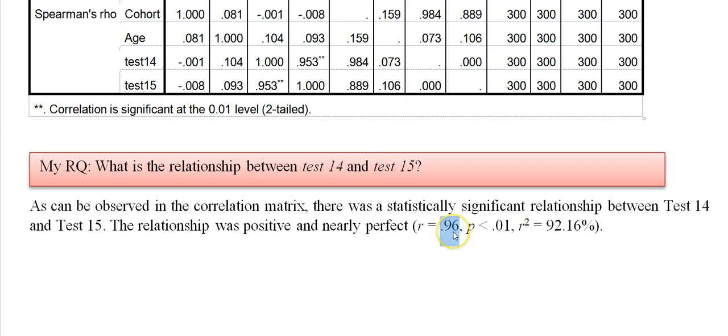And if you square this, remember you have to square it before you can compare. 0.96 squared is 0.9216, and we can express that as a percent, and that is the effect size, which again we'll talk about some more later, but that's the magnitude, the size of the effect of test 14 and 15, or the amount of shared variance between test 14 and test 15.